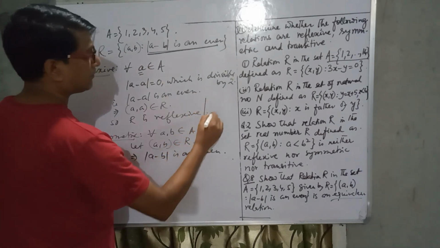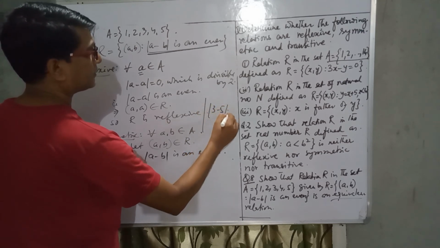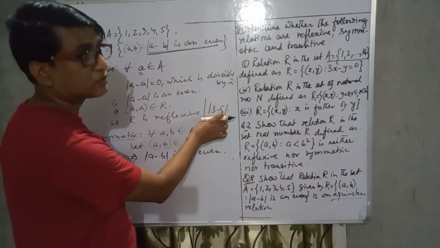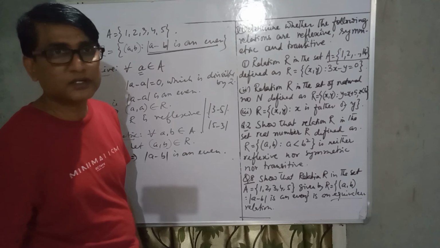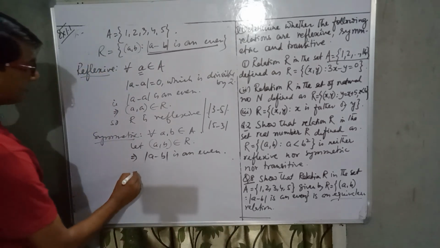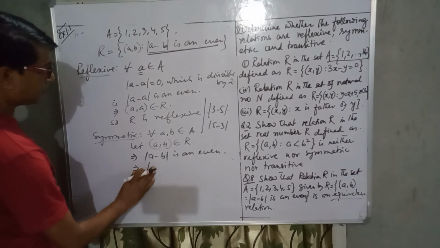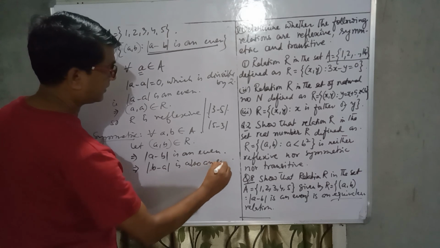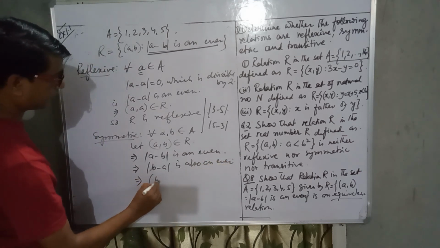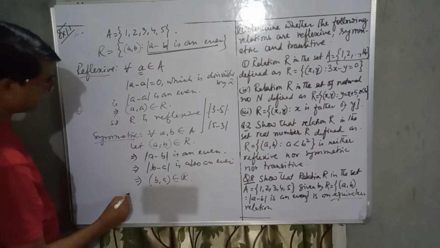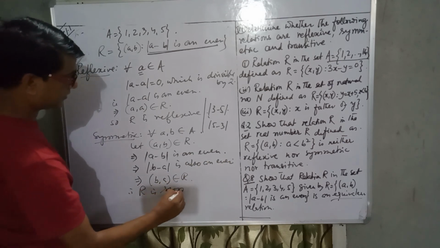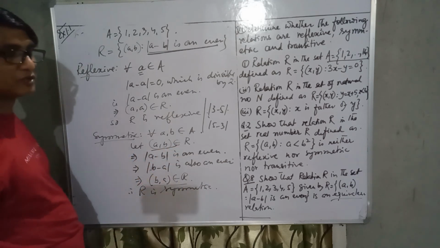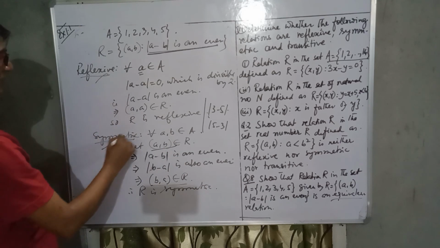Let me see an example. 3 minus 5 is even. So what will be modulus of 5 minus 3? 3 minus 5 is minus 2, modulus of minus 2 is 2, it is even. 5 minus 3 is also 2, it is even. So modulus of b minus a is also even. That means (b, a) belongs to R. Therefore R is symmetric. We assumed that (a, b) belongs to R and we are getting (b, a) belongs to R. First we got reflexive, second we got symmetric.